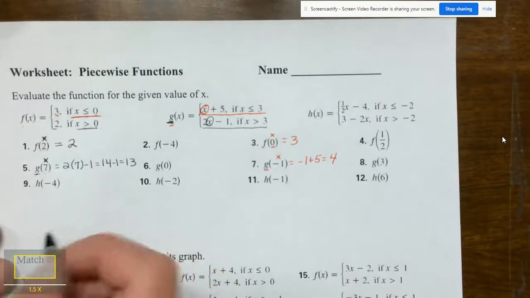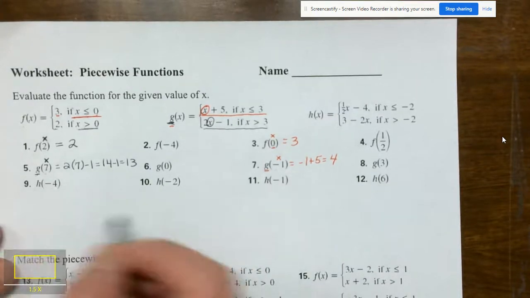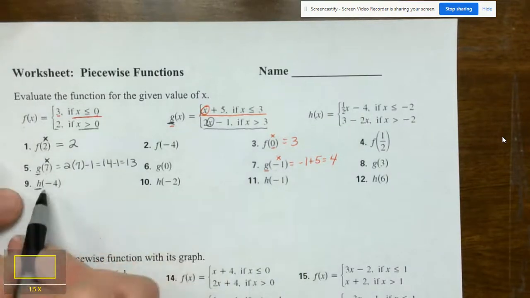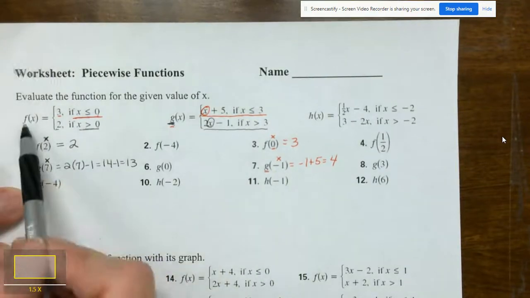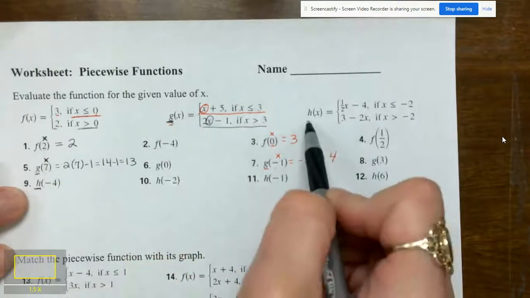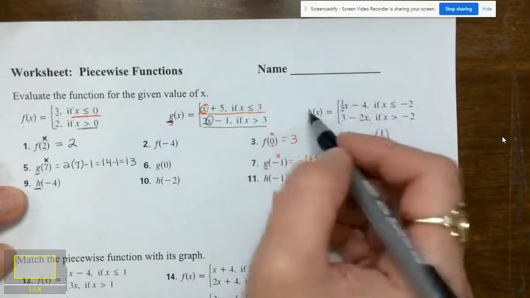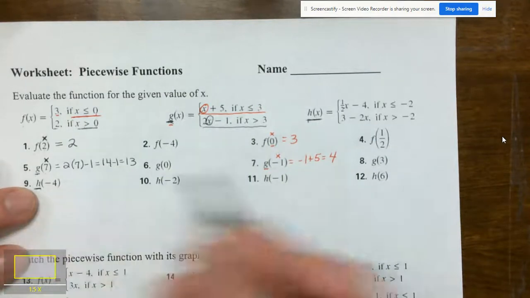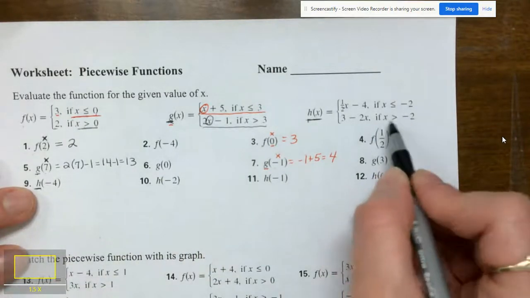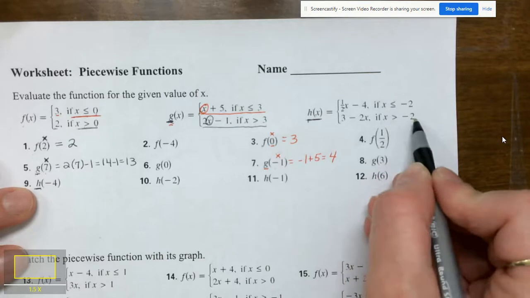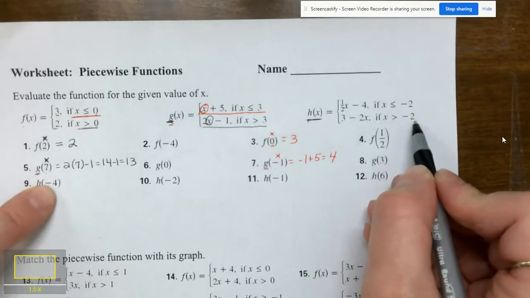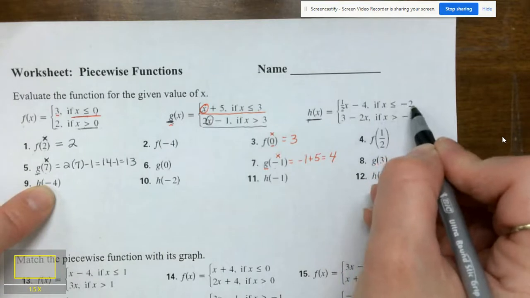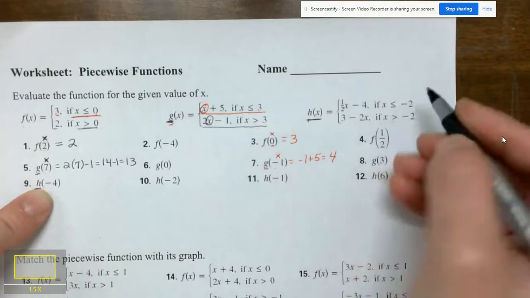Okay, hopefully you have tried 9 and 11 on your own. Let's see how you did. This time we're using the h function. So this was f, this was g, now I'm going to h. The value is -4. I look over here: x greater than -2? -4 is not greater than -2. x less than or equal to -2? Yes, -4 is less than -2.